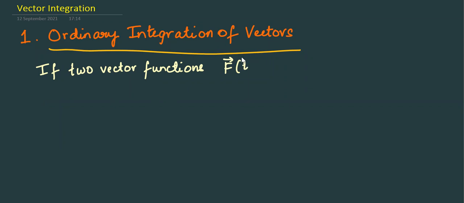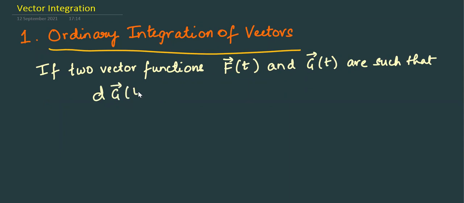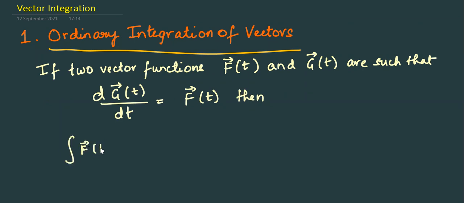So if two vector functions f of t and g of t are such that derivative of g of t gives us f of t, then integral of f of t with respect to t will give us g of t plus c, where c is an arbitrary vector constant.